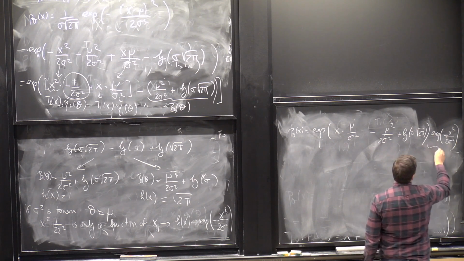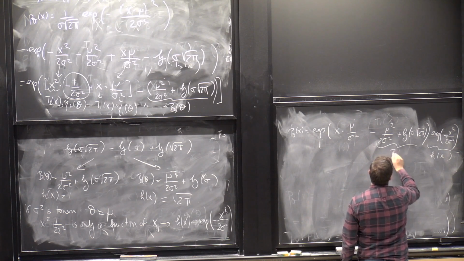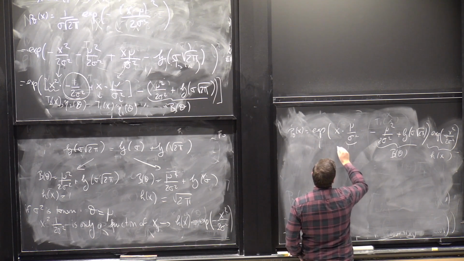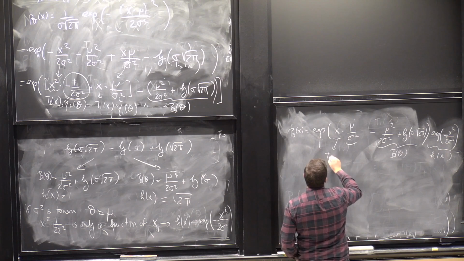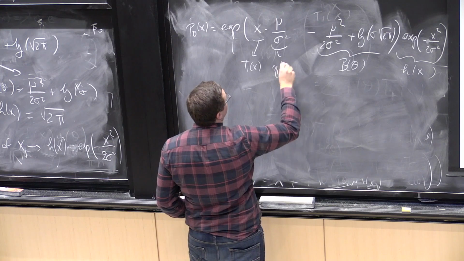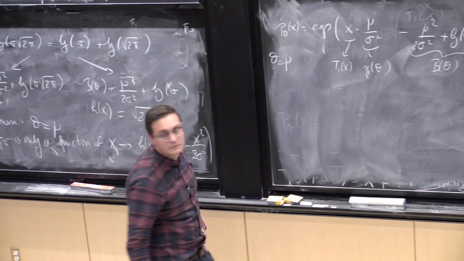OK, so that's my h of x. That's still my b of theta. And this is my t1 of x. And this is my eta1 of theta. And remember, theta is just equal to mu in this case.